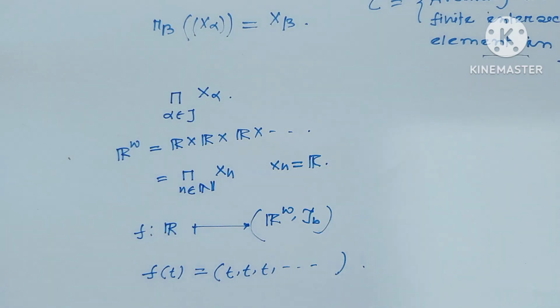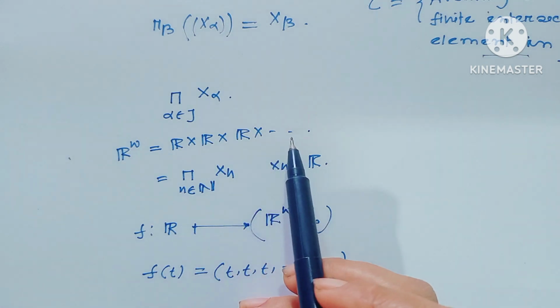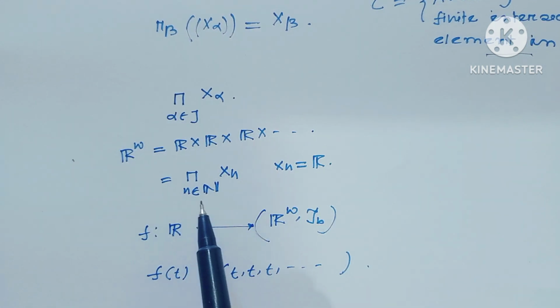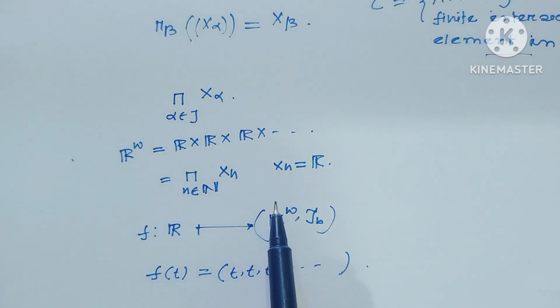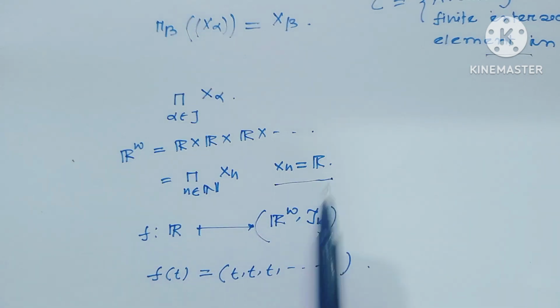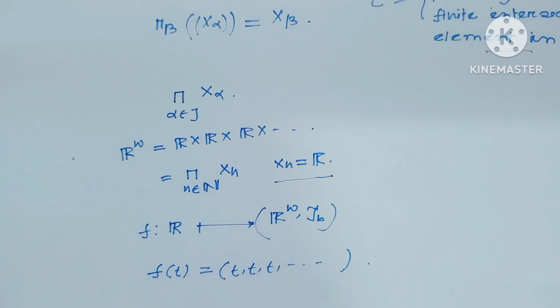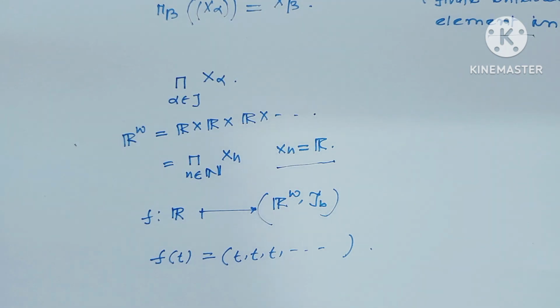Consider the product over α belongs to J of Xα, and denote Rω, which is R × R × R × ..., the product over n belongs to the natural numbers of Xn, where Xn equals R. And consider the mapping f from R to Rω with the box topology.